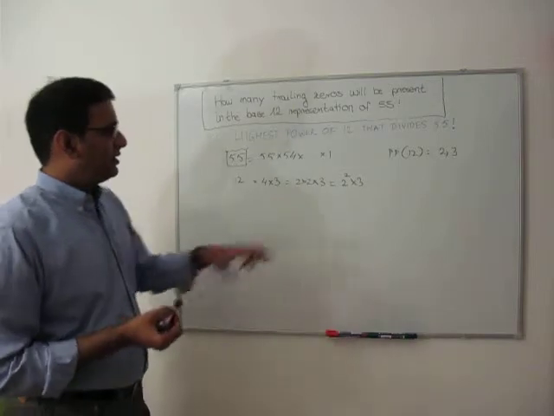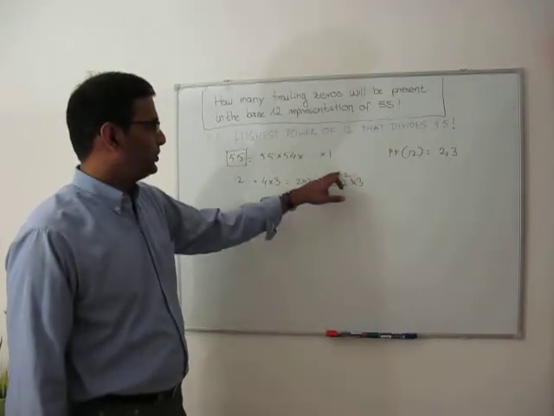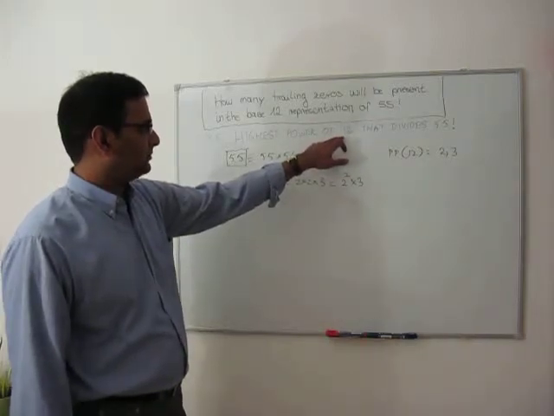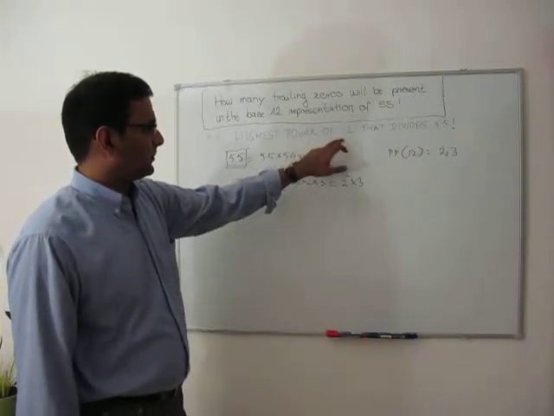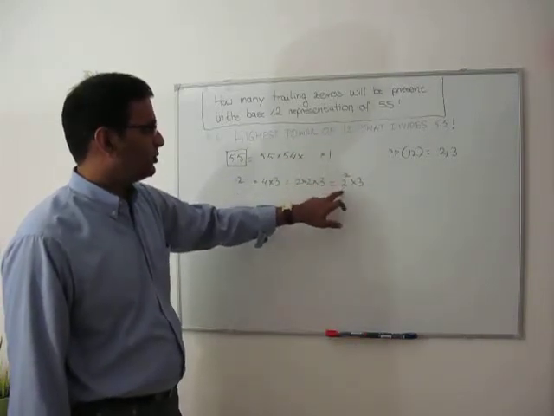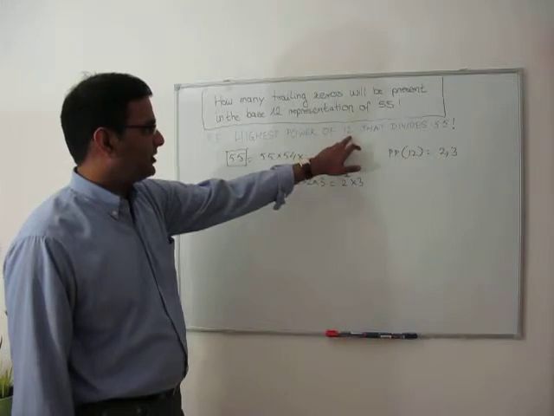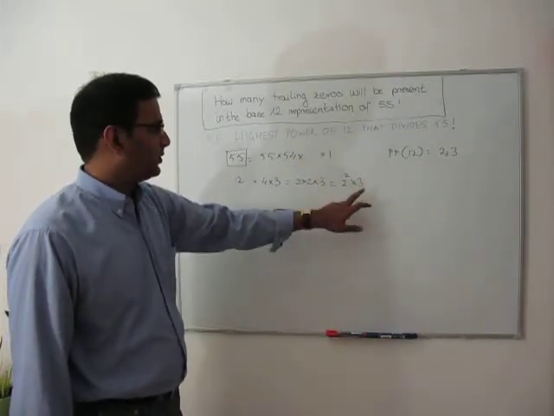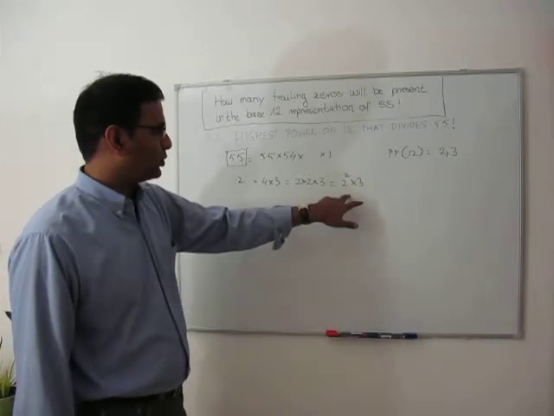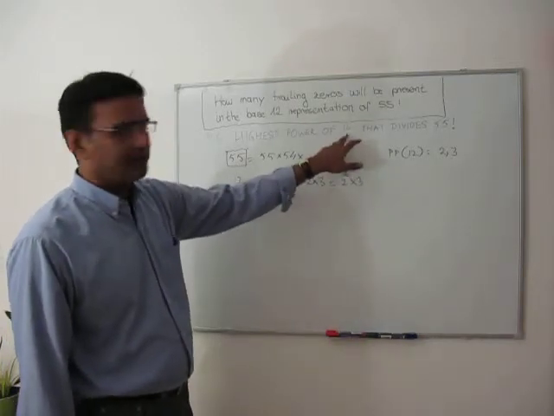Any number that's a multiple of 12 would also be a multiple of 2 power 2. Similarly, any number that's a multiple of 12 would be a multiple of 3. So any number that's a multiple of 2 power 2 times 3 would be a multiple of 12.